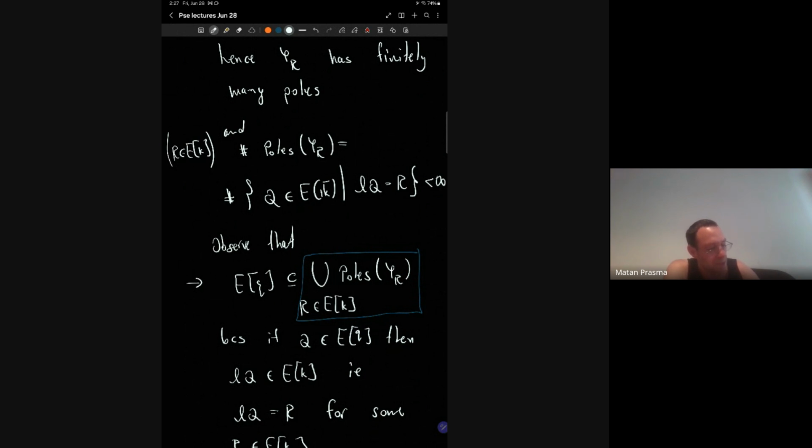The poles of phi R, if I run over all R in EK, are exactly the points Q in EK bar such that LQ is equal to R. And in particular, this contains EQ. What I really say is that EQ is contained in the union of all poles of phi R.